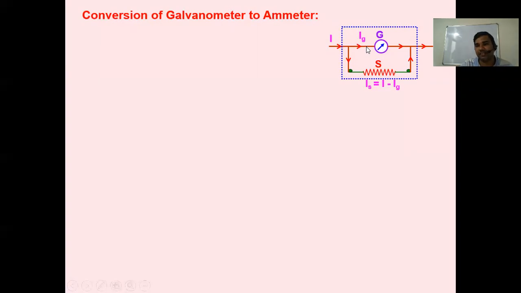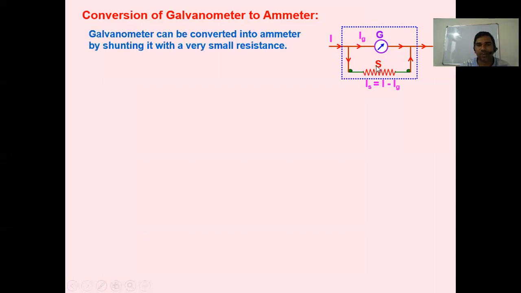So we want to measure current I. What we can do is connect a resistor in parallel. The current I which is entering here is divided: Ig is allowed through the galvanometer, and I minus Ig goes to the parallel resistor, which we call the shunt resistor. So a galvanometer can be converted into an ammeter by shunting, or connecting in parallel, a small resistance.